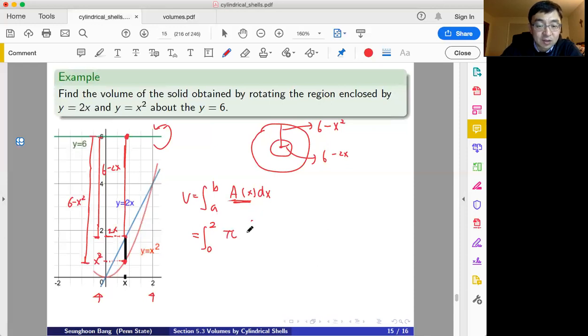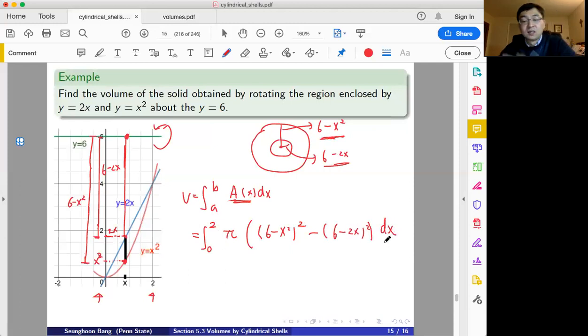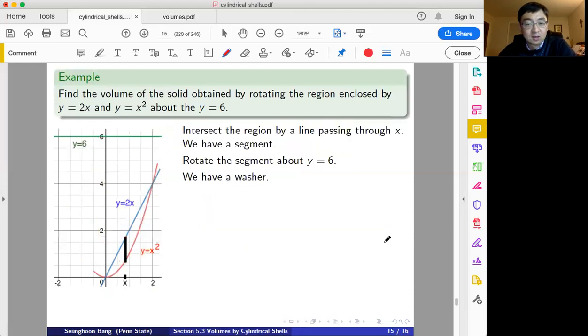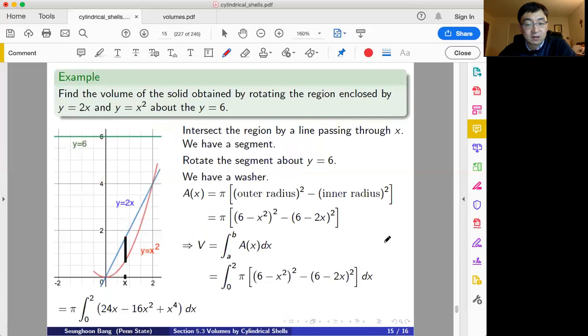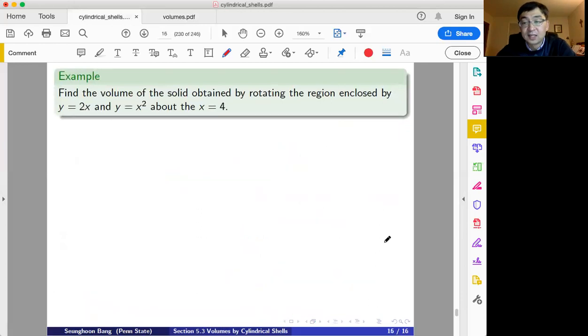Pi times the outer radius, 6 minus x squared, squared, minus the inner radius, 6 minus 2x, squared. So that's it. This is exactly the volume of the solid. And the calculation is up to you. This is the answer. The next one is the last example.